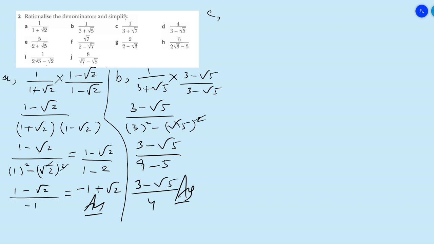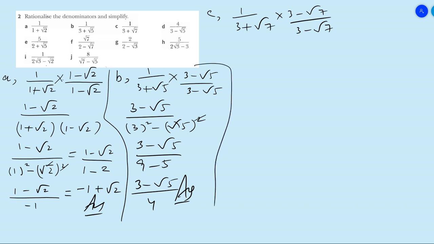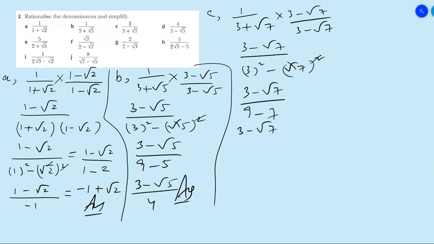Part C is 1 upon (3 plus root 7). Multiply and divide by (3 minus root 7). Multiply this by 1, it will be 3 minus root 7. And (3 plus root 7) into (3 minus root 7) is 3 square minus root 7 square. (3 minus root 7) upon 3 square is 9, and the square and root cancel, 7. (3 minus root 7) upon 9 minus 7, which is 2.